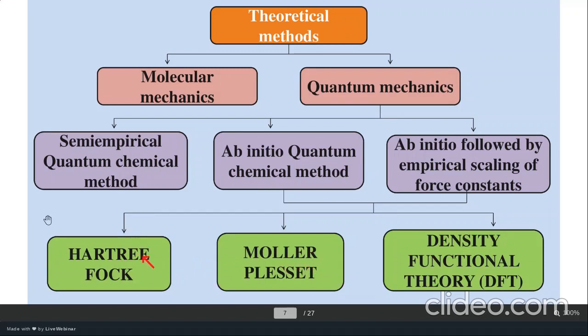The Hartree-Fock method is an approximation method used for determination of the wave function. Here we are dealing with the wave function in the Hartree-Fock method.